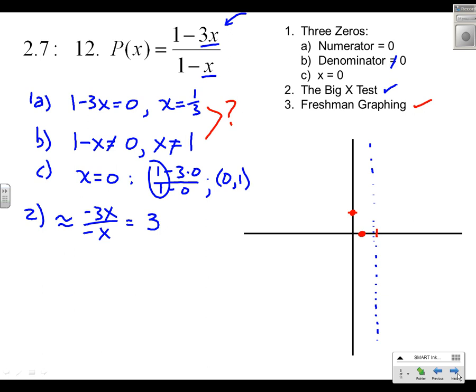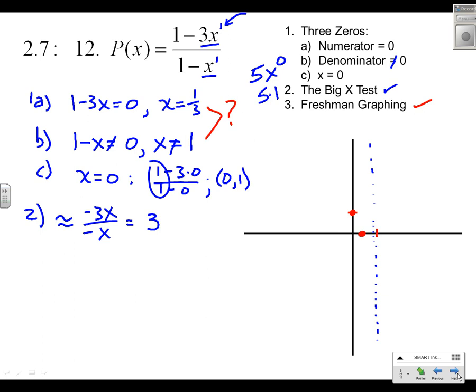Part of the big X test I like to talk about is I like to look and say, well, we're dealing with a first degree divided by a first degree, a 0th degree. We don't typically talk about 0th degree polynomials, but here's one: 5x to the 0th, which of course is 5 times 1. A 0th degree is just a constant.